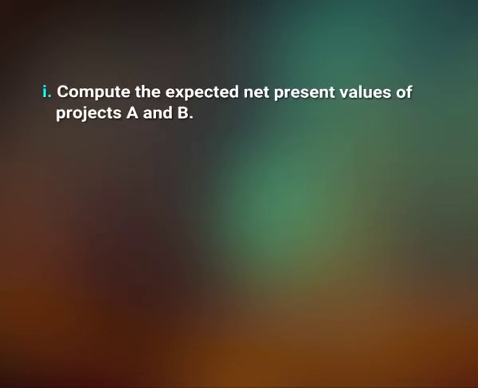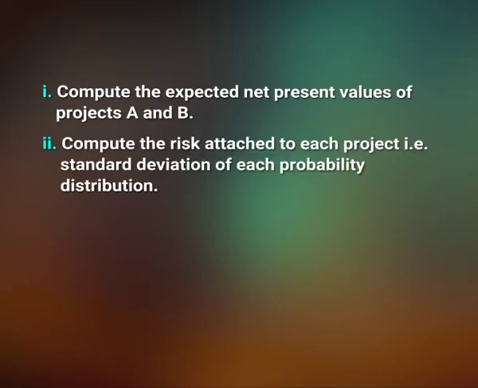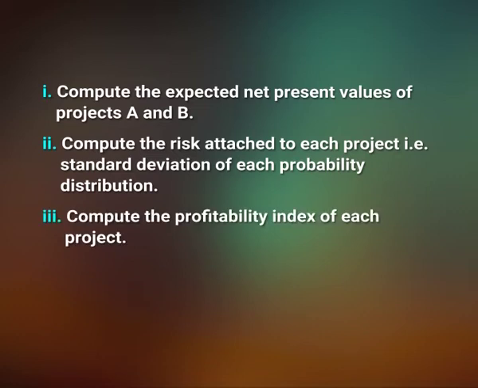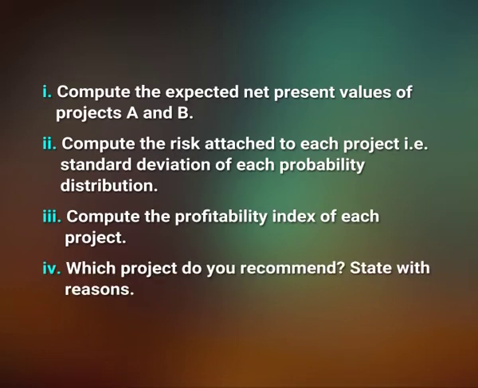We are required to compute the expected net present values of projects A and B. Second, we are required to compute the risk attached to each project, that is the standard deviation of each probability distribution. Third, compute the profitability index of each project. Number 4, which project do you recommend? State with reasons.